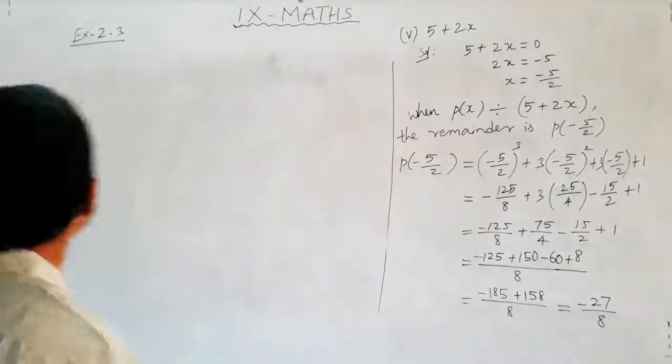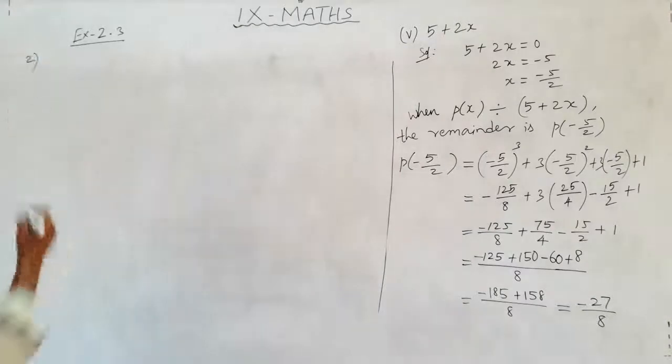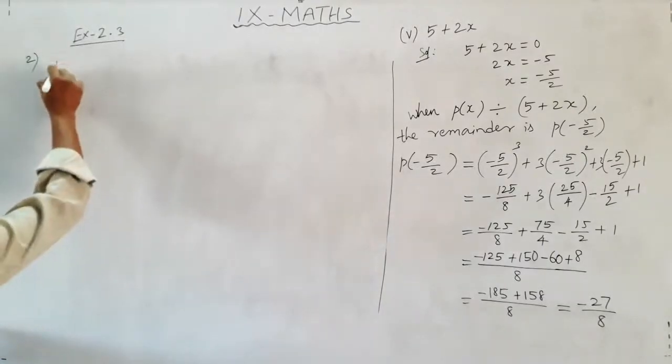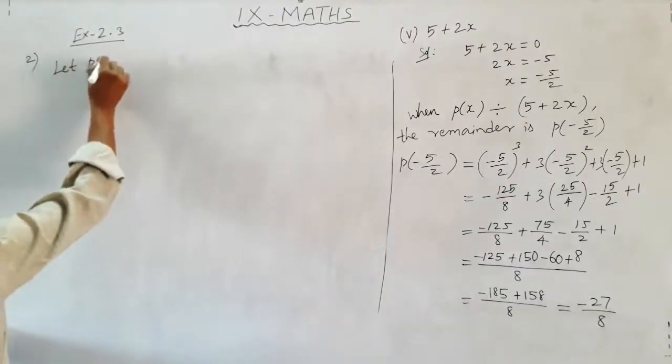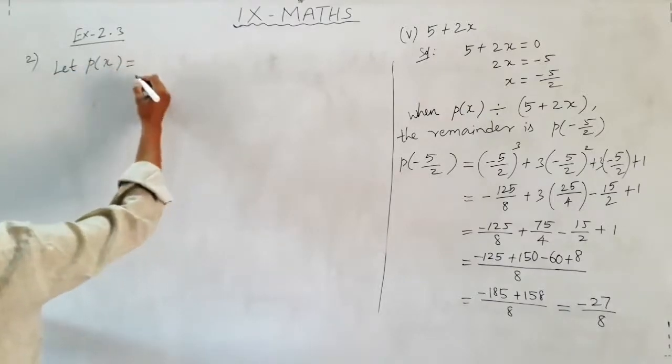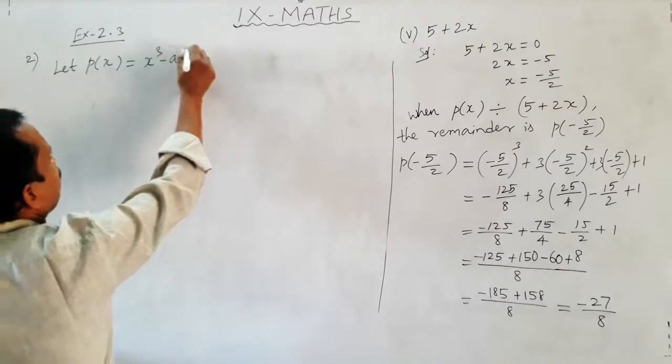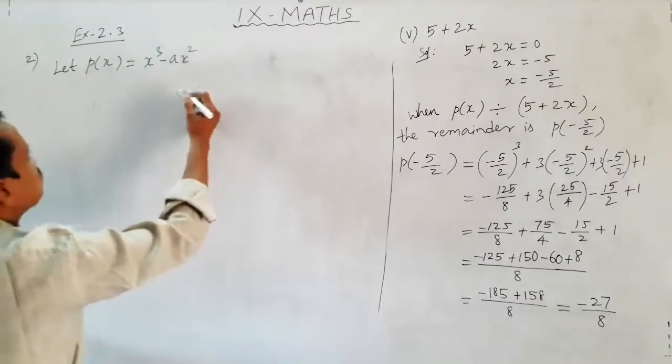You see, question number 2. Find the remainder when x cubed. So you have to take, let P of x is equal to x cube minus ax square plus 6x minus a.